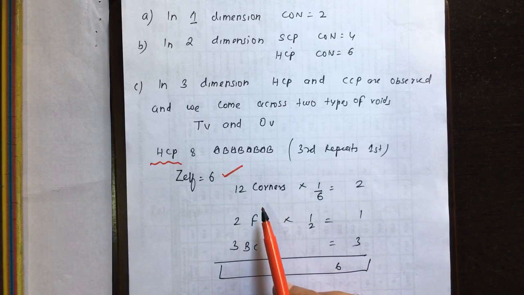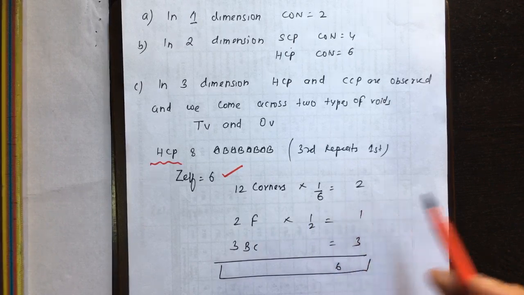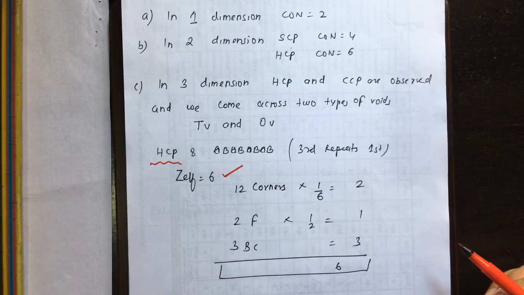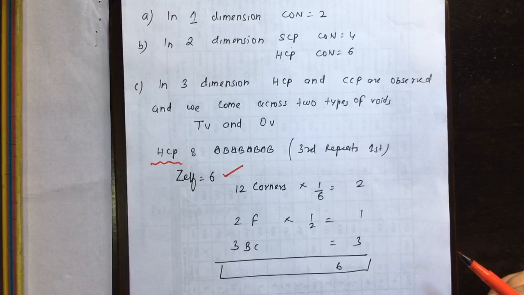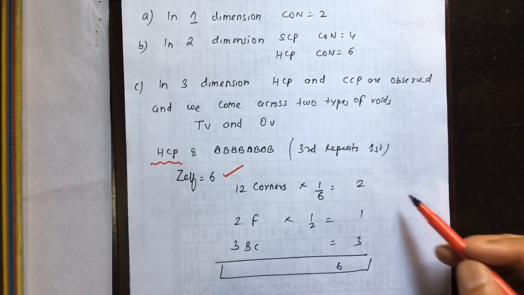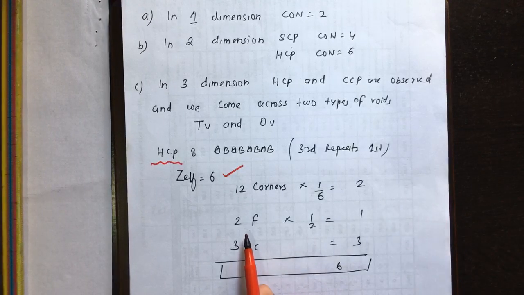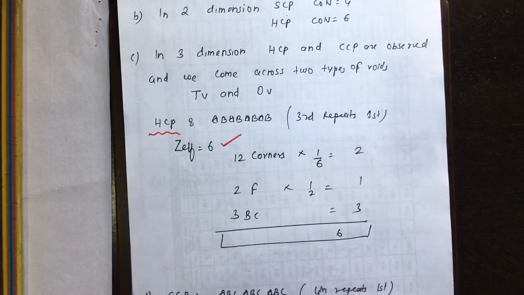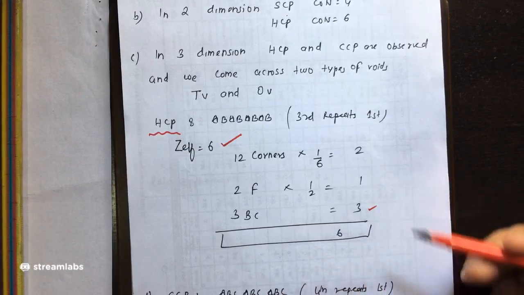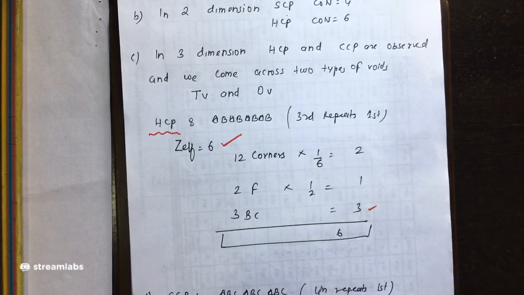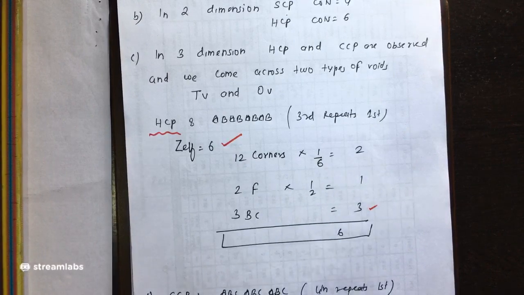So 12 corner atoms, that is 1 by 6. 1/6 is the contribution of the corner atom over here because they are present in the hexagon arrangement. I'll show you. That is 2. 2 is present in the face, half contribution, that is 1. And 3 is present in the body center. So total is 6, the unit cell content.